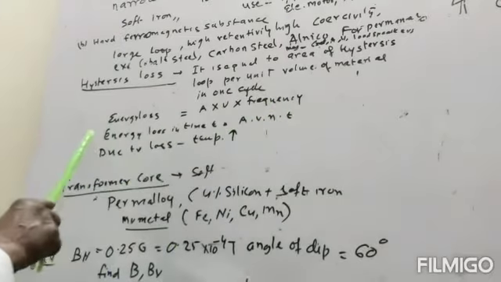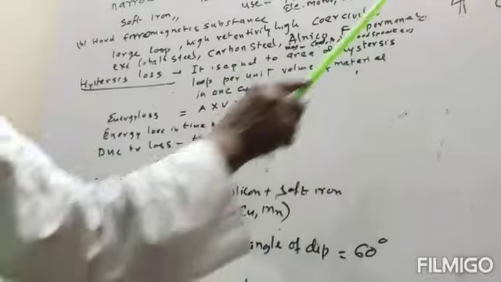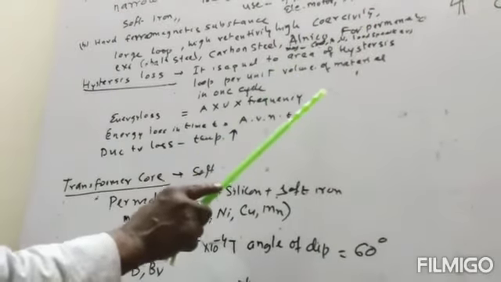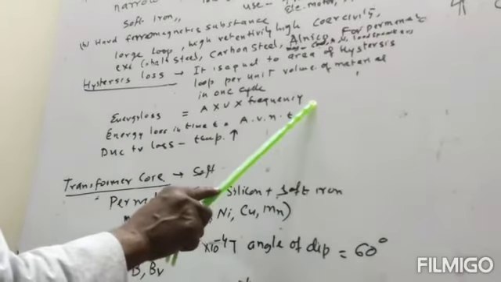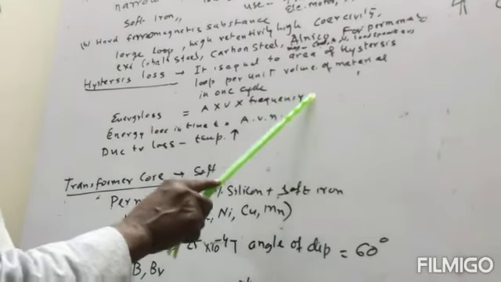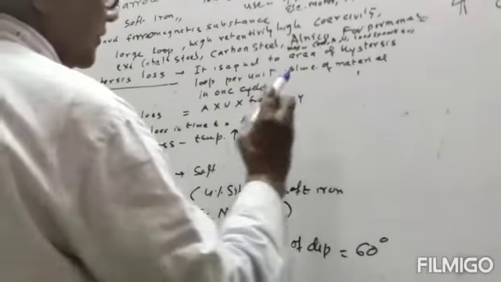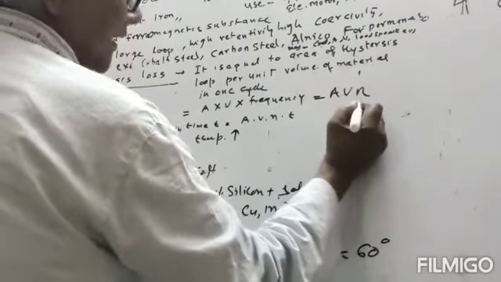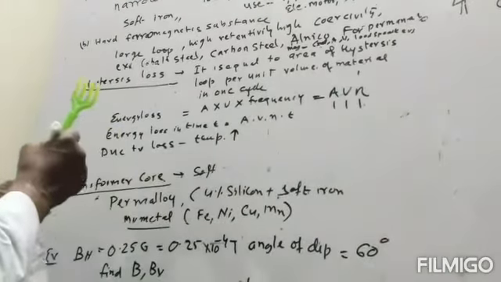Then we can say the energy loss will be equal to A V N, where A is the area of the loop, V is the volume of the ferromagnetic substance, and N is the frequency.